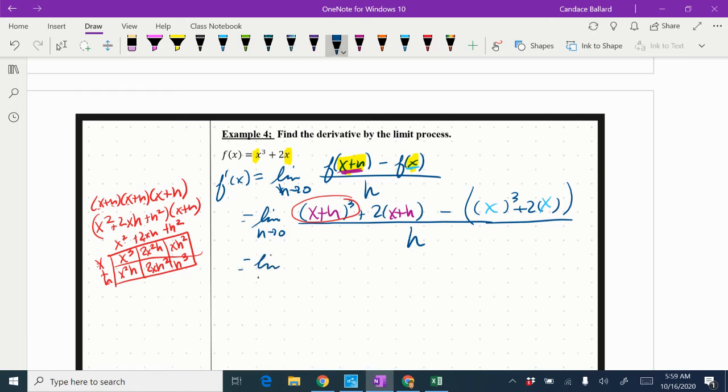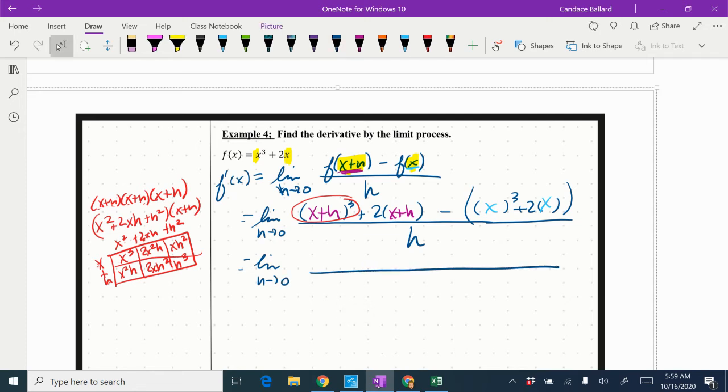So the limit as h approaches 0 of, I'm going to put that in place of what we had there. I'm going to simplify it as we go: x cubed. I just turned it orange, it should have been red. And then these guys are like terms, so I have plus 3x squared h. These ones are like terms, so this would be plus 3xh squared, and then the plus h cubed.